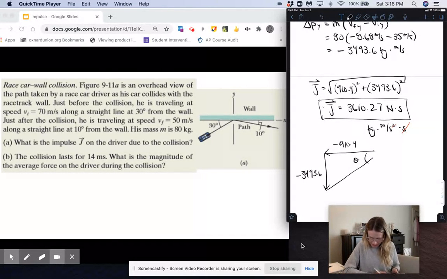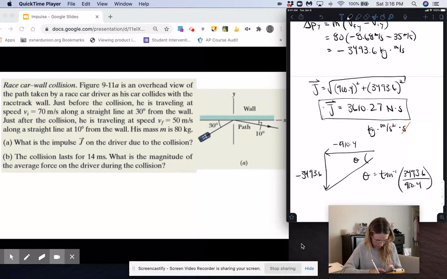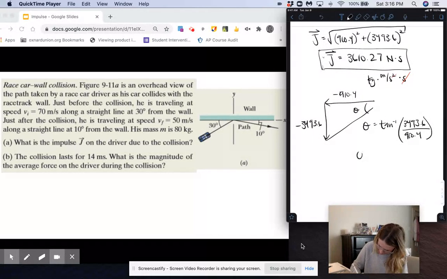Our angle then is going to be the inverse tangent of 3,493.6 over 910.4, which ends up being 75.4 degrees.